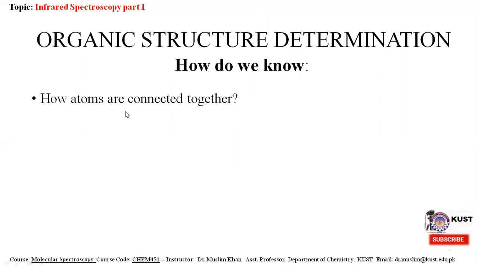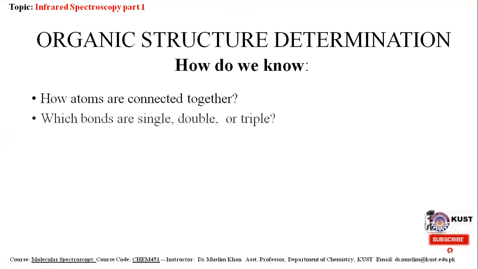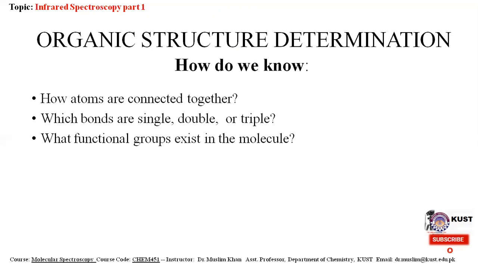Means whether it is connected by single bond, double bond, or triple bond, and to which atom, whether hydrogen is attached to oxygen or carbon or some other atom, and which type of bonds, single bond, sigma bond, pi bond, double or triple bond, and what functional group exists in the molecule.